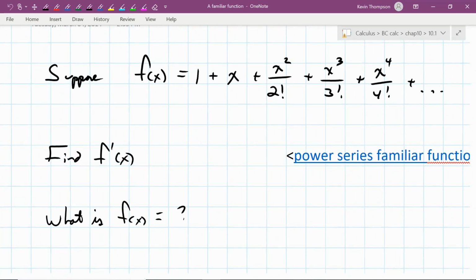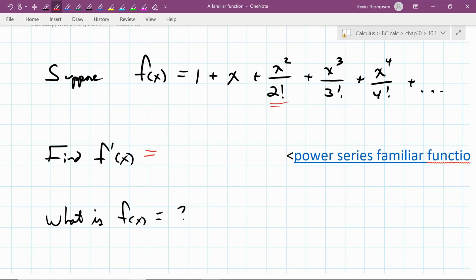Okay. Jot this down. We got 5 minutes. We can do it. Suppose... Remember, factorials are defined: 2 factorial is 2 times 1, 3 factorial is 3 times 2 times 1, 4 factorial is 4 times 3 times 2 times 1, et cetera. Do you realize what the derivative is yet?